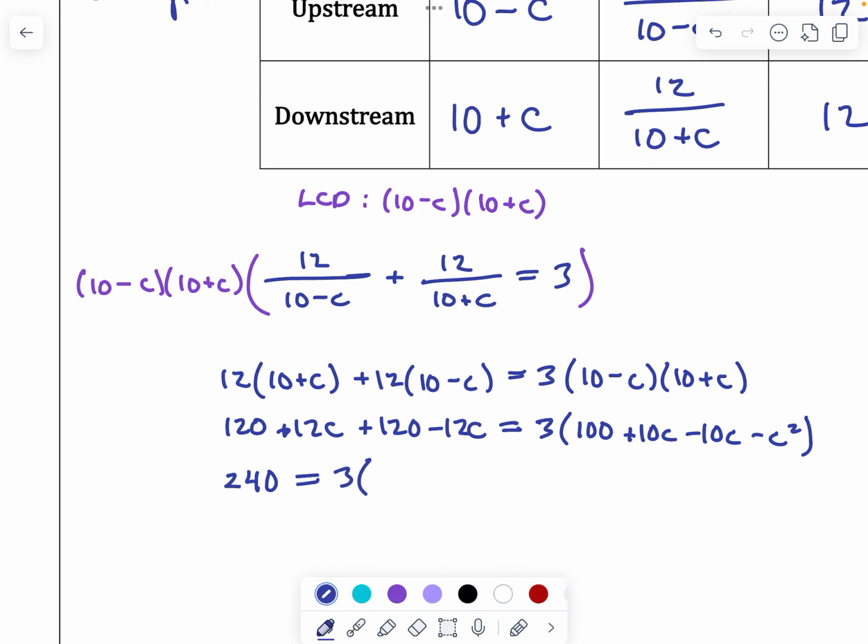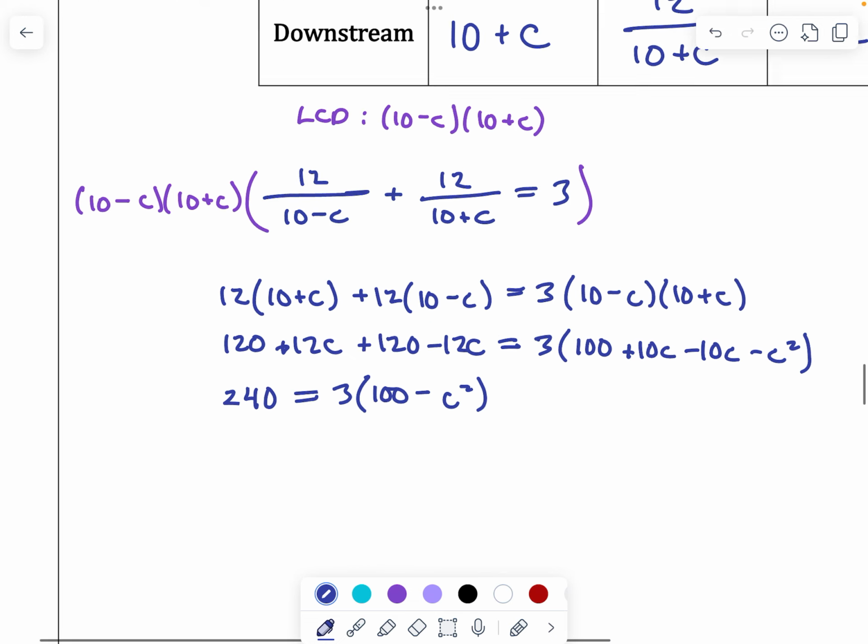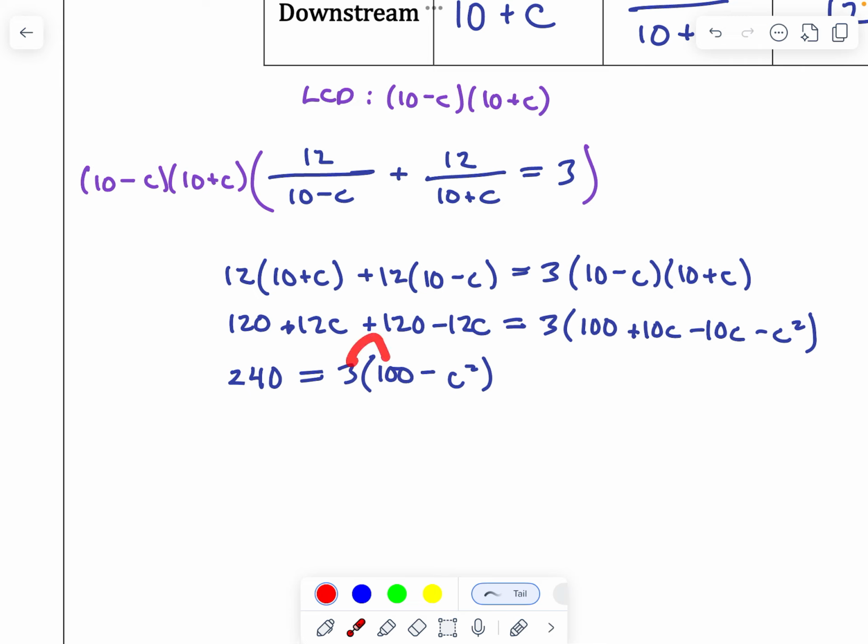So we have 3 times 100 minus c squared. All right, let's go ahead and distribute the 3. That gives us 240 equals 300 minus c squared.